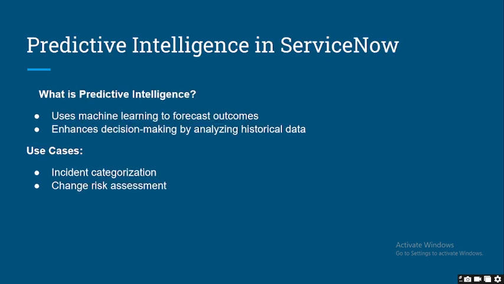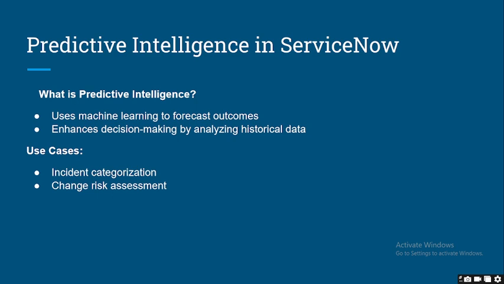We have predictive intelligence in ServiceNow, which has been there since before San Diego. From that time we have had predictive intelligence, but nowadays it is more enhanced and more powerful, just because we are now able to integrate ServiceNow with a lot of open API sources.